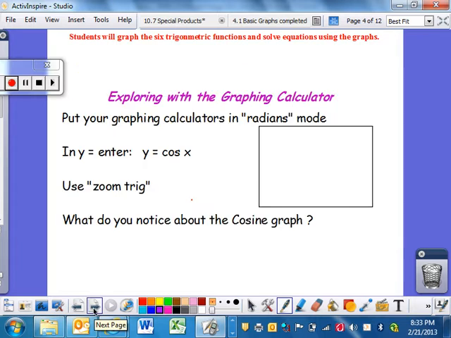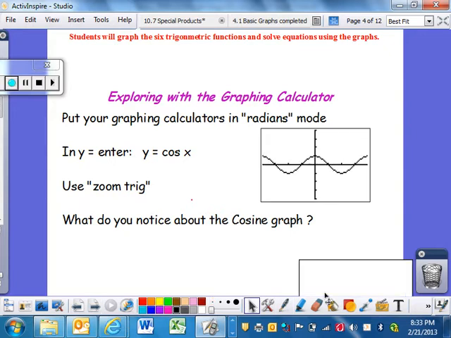Now what about a cosine graph? What do you guys think about cosine? If you type in cosine on your graph, this is what it looks like. Notice it still has the same wavy action.